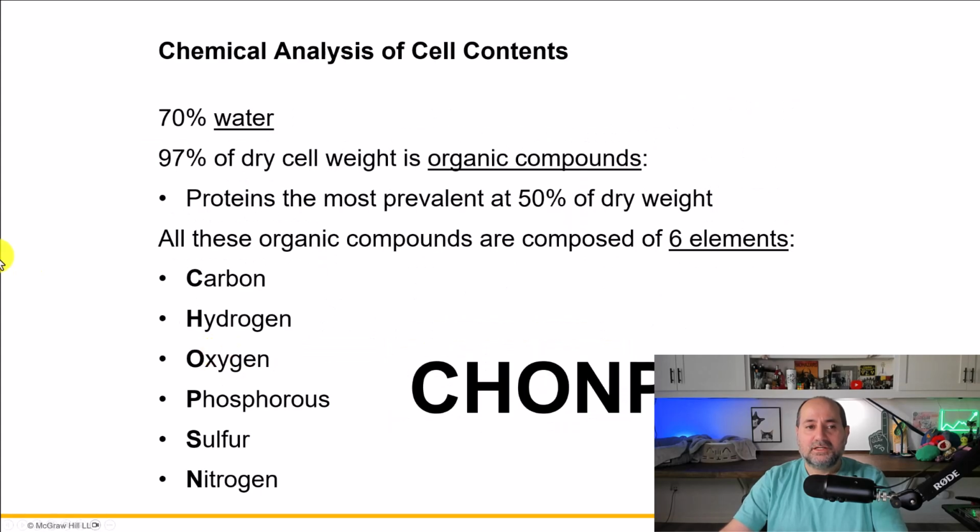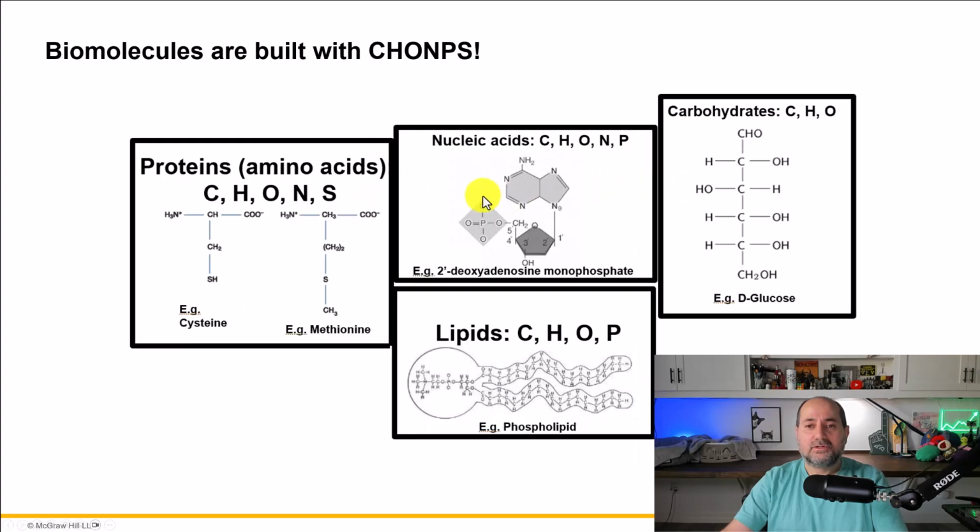And remember, 97% of the dry cell weight is organic molecules, right? And these are the 4 big classes of biomolecules, right? These are the main composition of that 97% dry weight, right? And what do we see here? Look, proteins, remember, proteins are made up of amino acids.